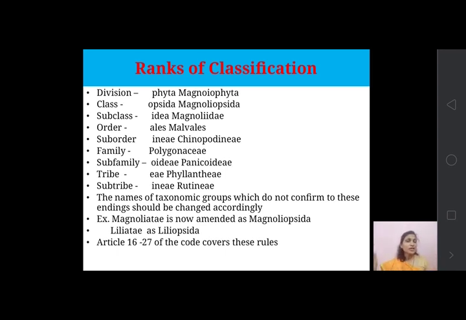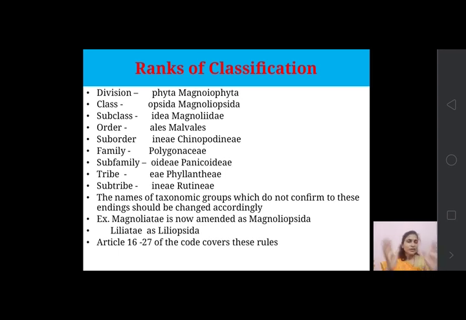Formerly it was known as class Liliaceae, but since class always ends with -opsida, it was changed into Liliopsida. If any group does not conform to these endings, it should be changed accordingly.